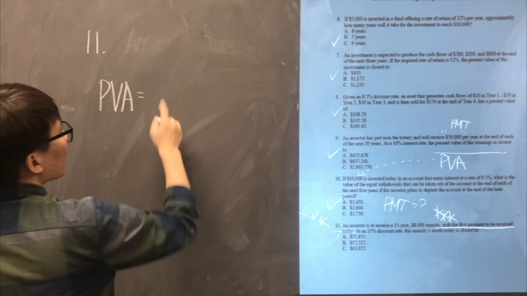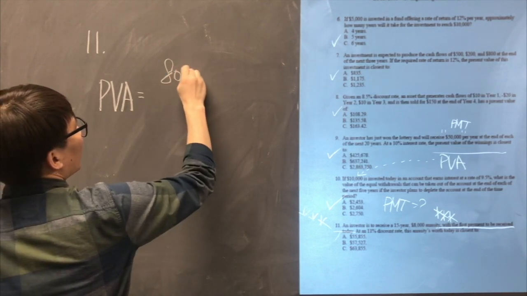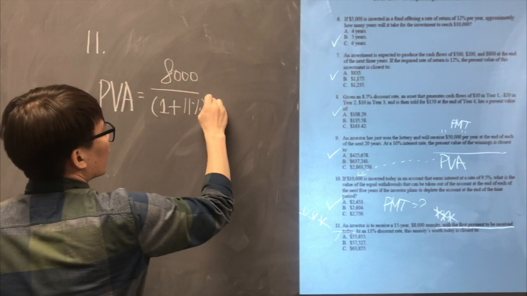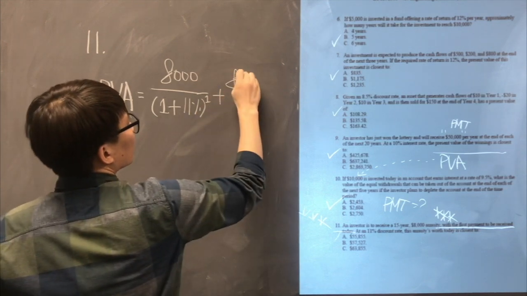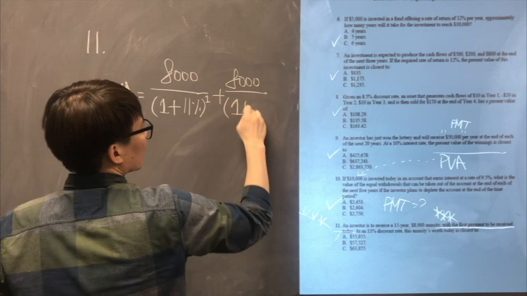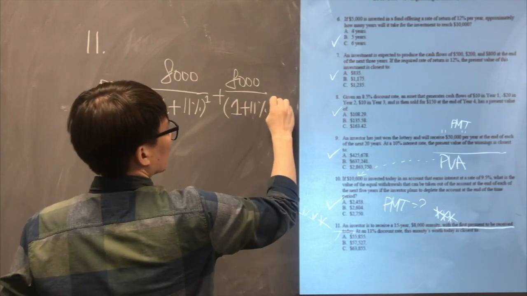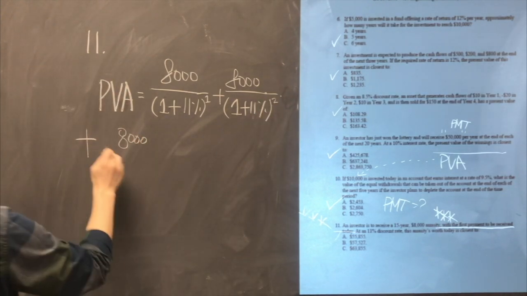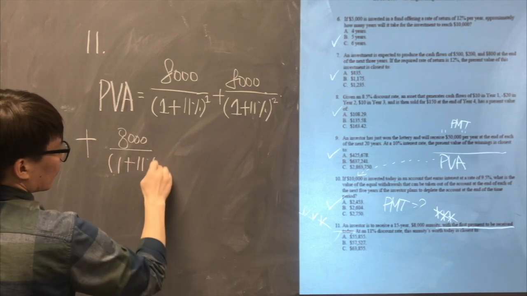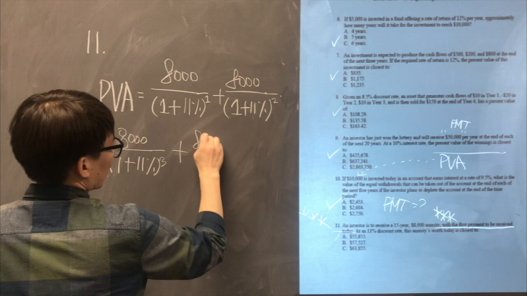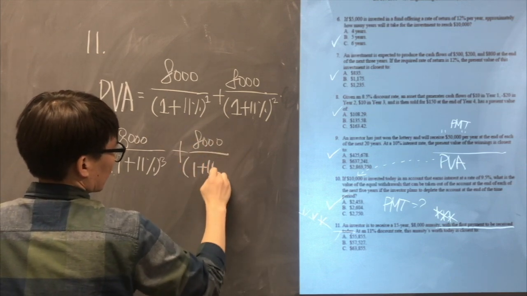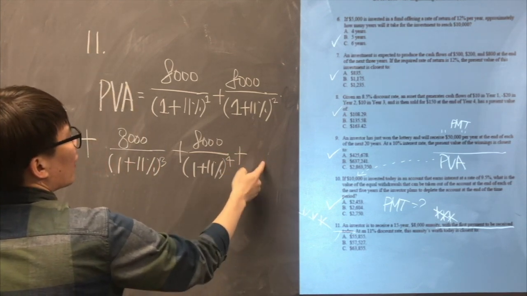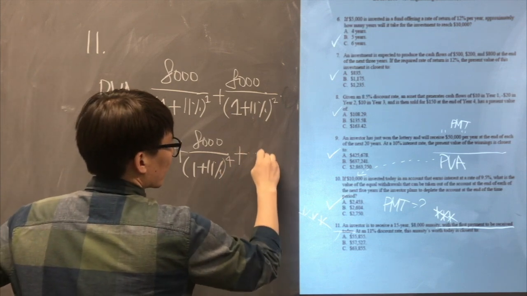This is a general annuity, which equals what? 15 years, payment is 8,000, discounted at 11% over year 1, year 2, year 3, 4, 5, 6, 7, 8, 9, 10, 11, 12, 13, 14, 15.